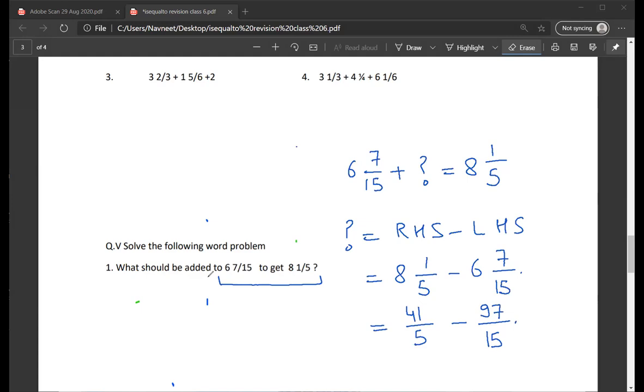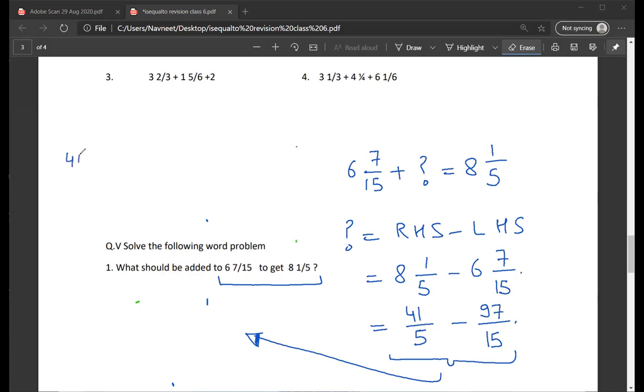Mr. Sarthak, how can I solve this? So now we have to find the LCM of the denominators. Mr. Satya, you know how to take LCMs? I know LCM, but not with fractions. Okay. So it is very simple.